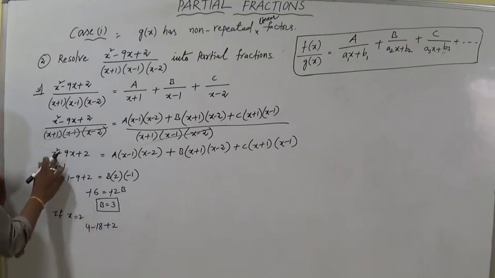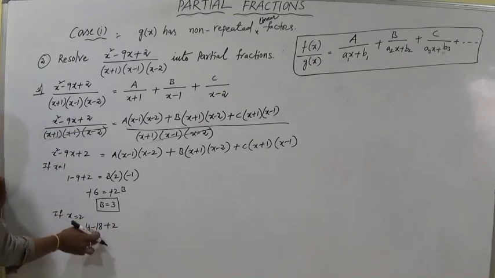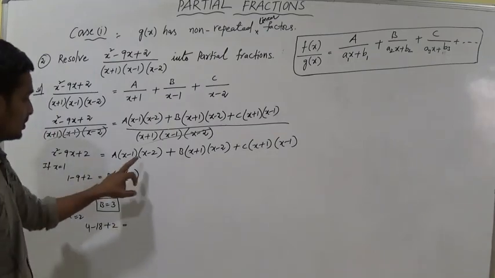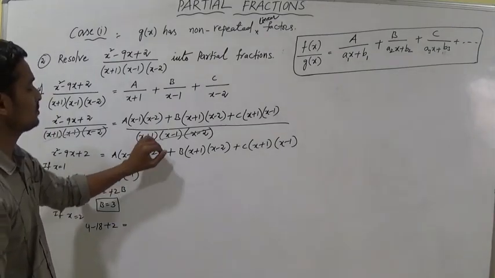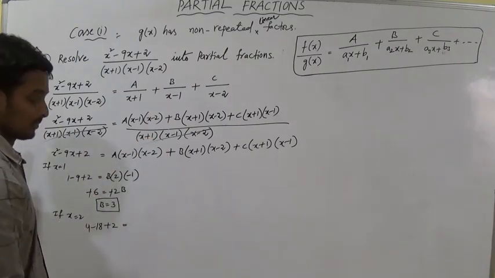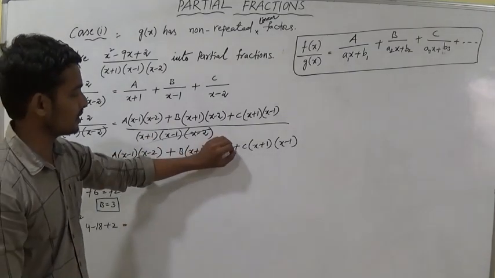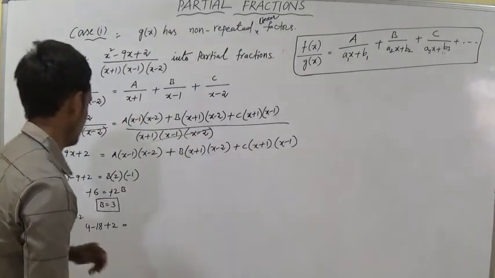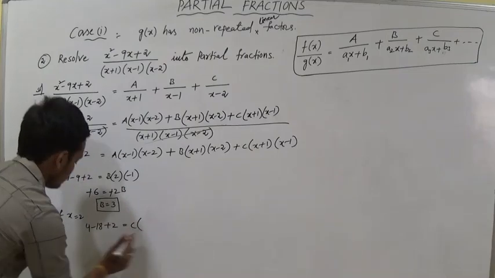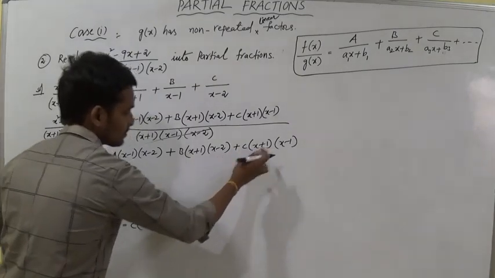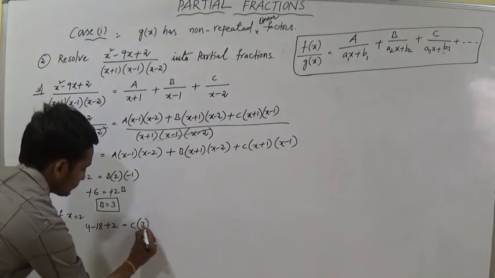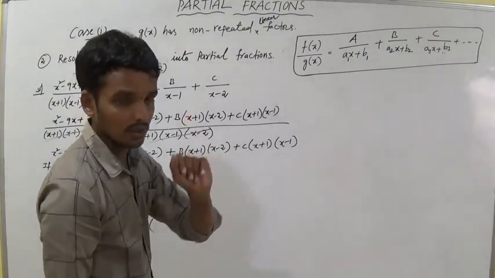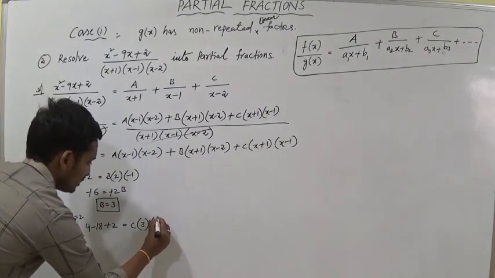On the right side, substitute 2 in the place of x. 2 minus 2 is 0, so the A term is 0. Again 2 minus 2 is 0, so the B term is 0. So here we will get the value of C. 2 plus 1 is 3, into 2 minus 1, which is 1.